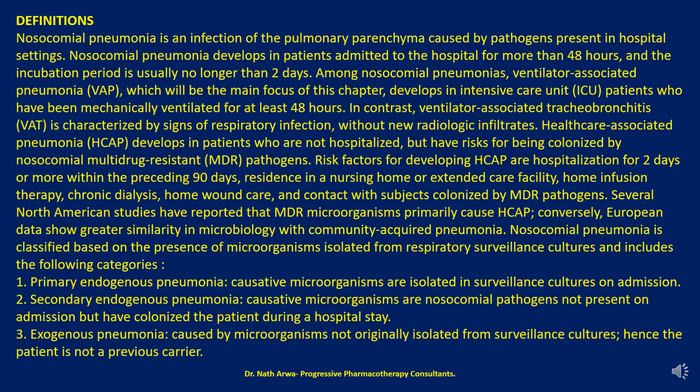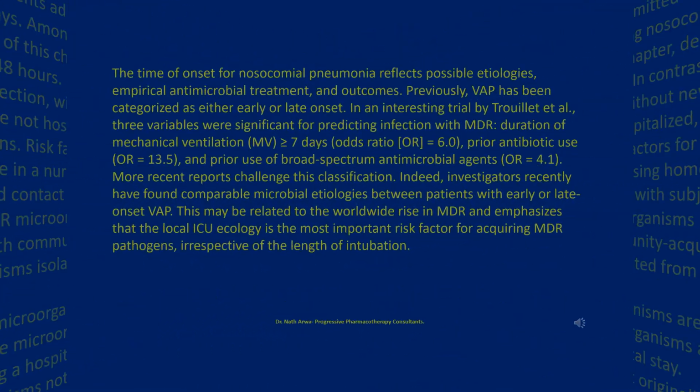Secondary endogenous pneumonia, in which causative microorganisms are nosocomial pathogens not present on admission, but have colonized the patient during a hospital stay. 3. Exogenous pneumonia, caused by microorganisms not originally isolated from surveillance cultures.